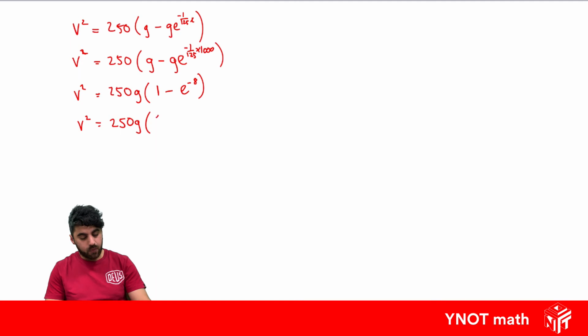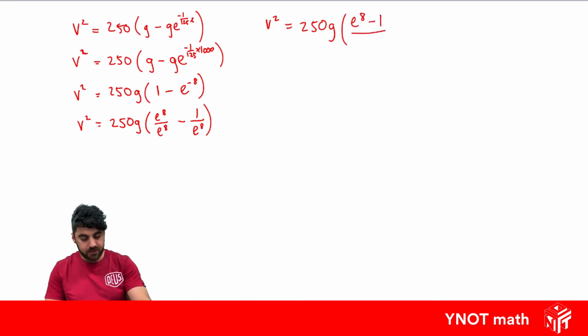We'll write 1 as e to the 8 on e to the 8 minus, now e to the minus 8 is just 1 on e to the 8. They have the same denominator now, so we can make it all one fraction. So v squared will equal 250g outside of e to the 8 minus 1 all over e to the 8.